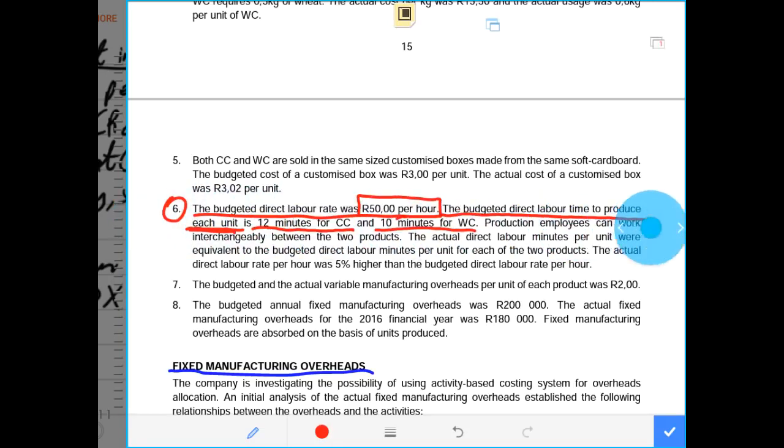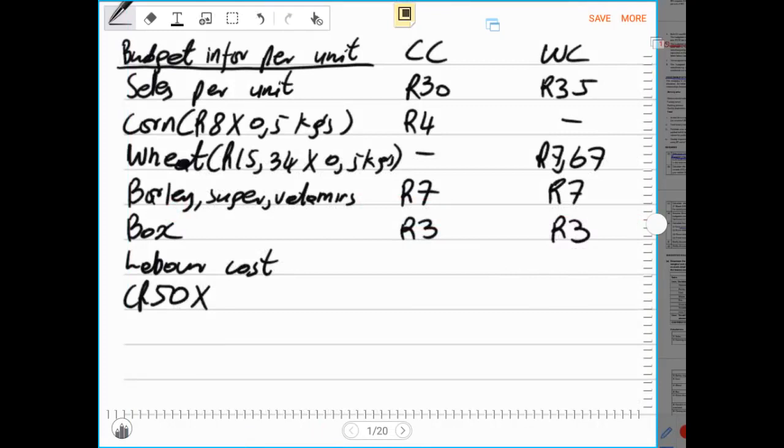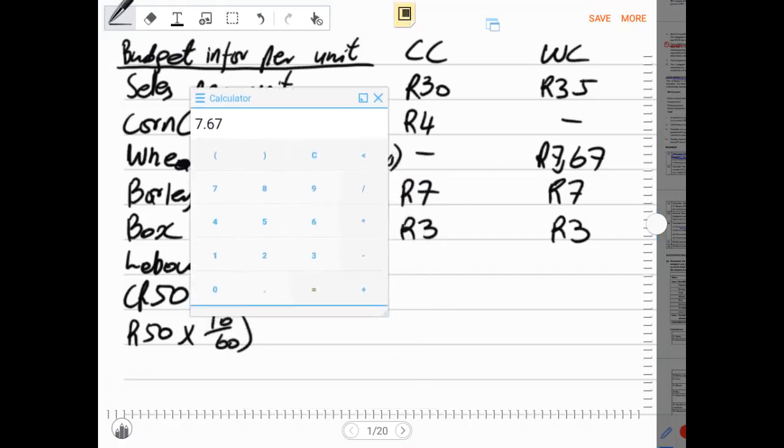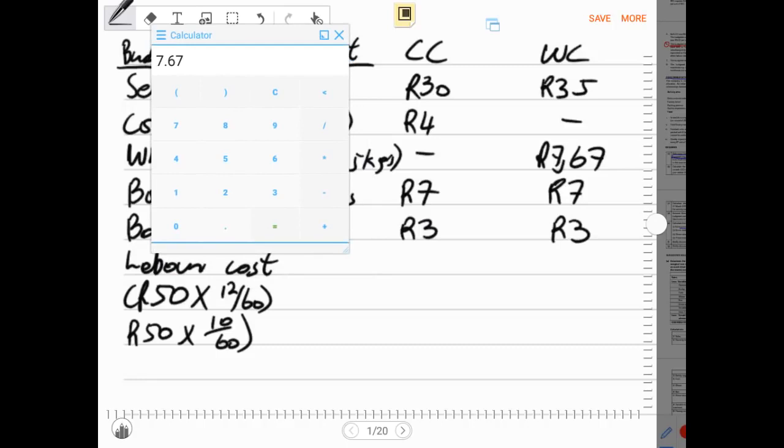So now we need to know how much will be the cost per unit. It will be 50 times 12 over 60 minutes in an hour. And for the second one, it will be 50 times 10 divided by 60 minutes in an hour. So now we are converting the minutes into hours. Then we take those hours and multiply them by the rate per hour.